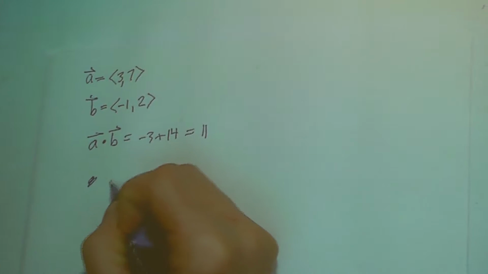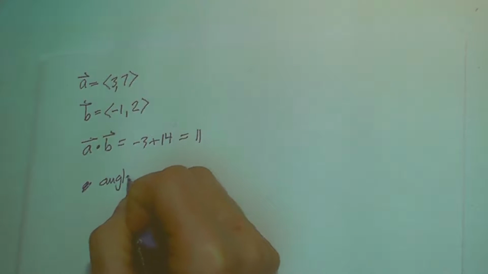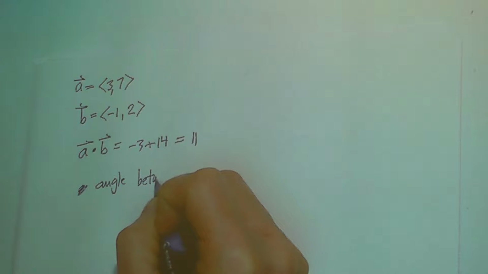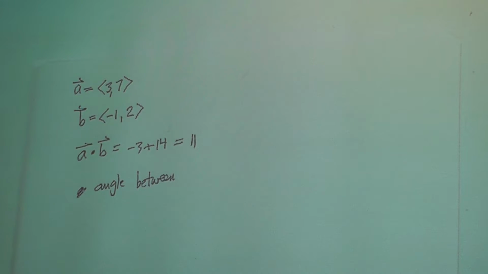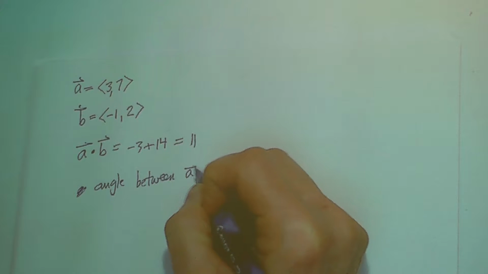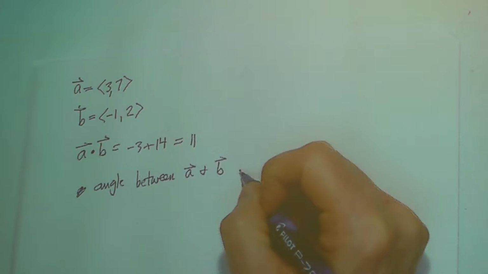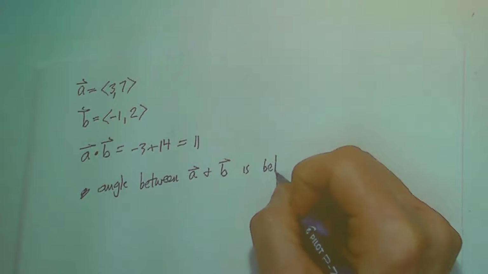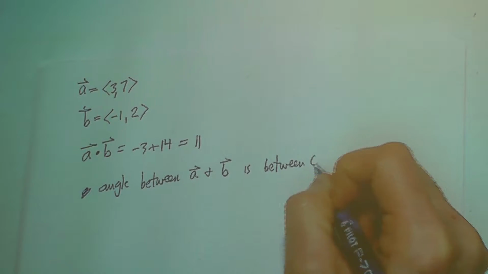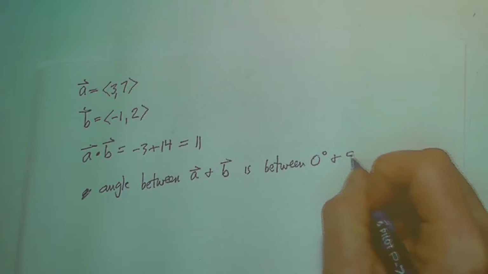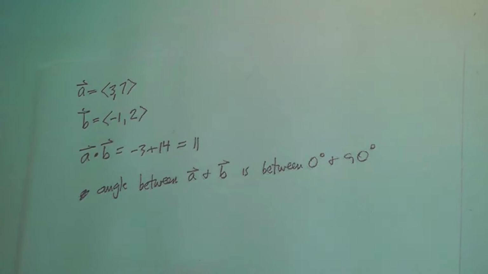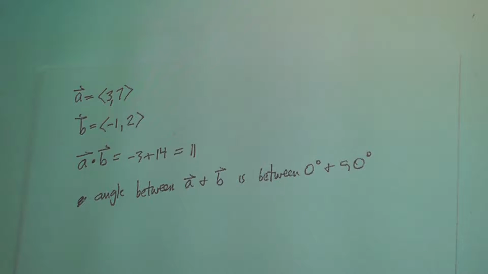The angle between A and B, when I put them tail to tail, is between 0 degrees and 90 degrees. It's acute.